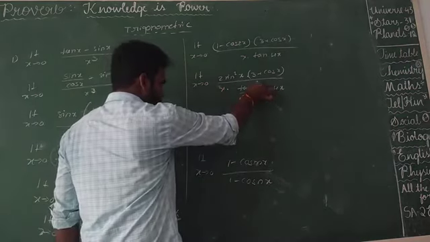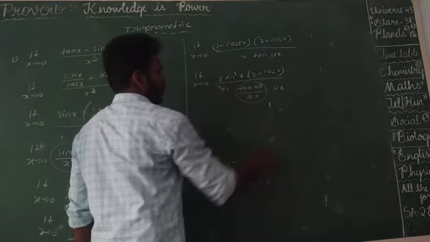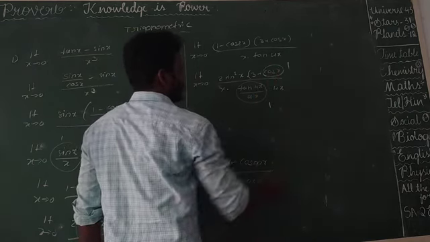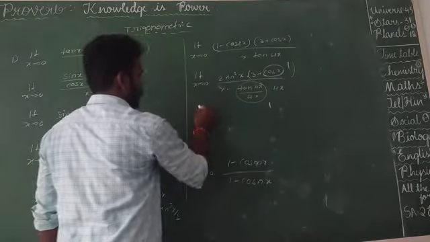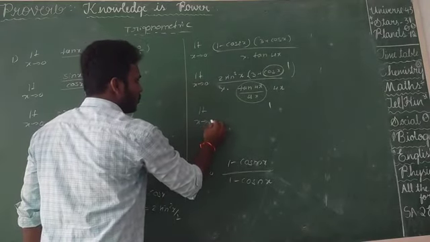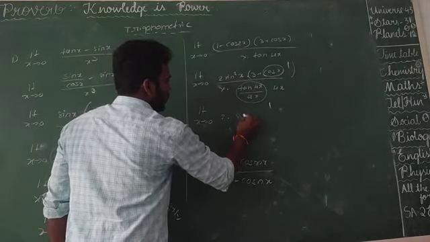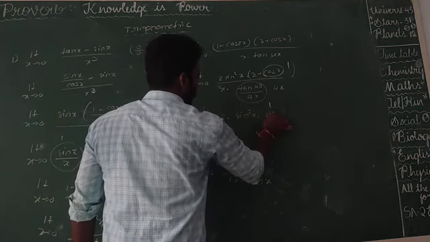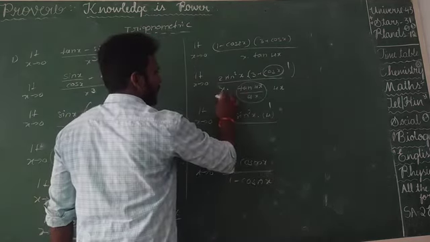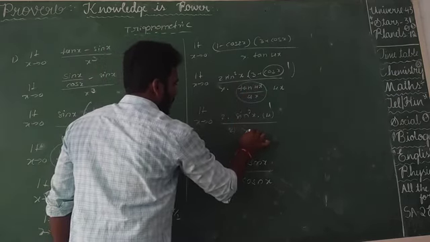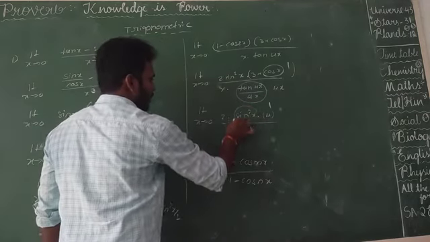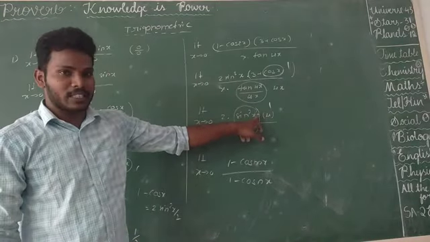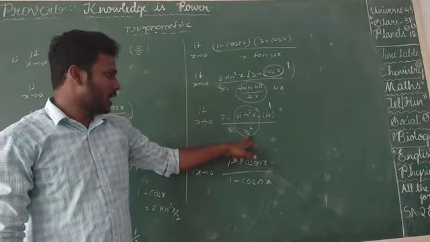So this value is 1. Cos 0 is 1. So what are the remaining things? Limit x tends to 0 of 2 sin square x into 3 plus 1, 4 by x into 4x, 4x square. Now again the same thing, sin x by x whole square: sin square x means sin x whole square, divided by x square.